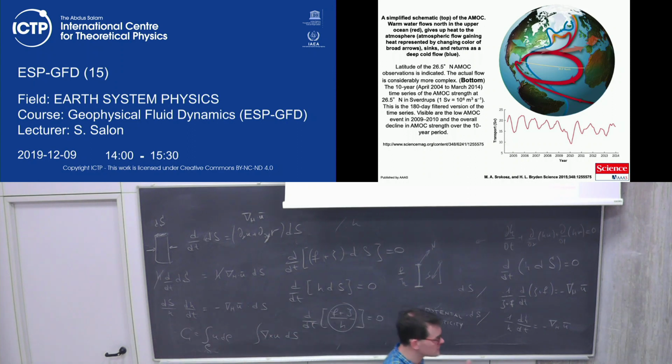Of course, then you have to consider the Ekman dynamics, boundary layer, and so on, but the conservation of potential vorticity is at the basis.